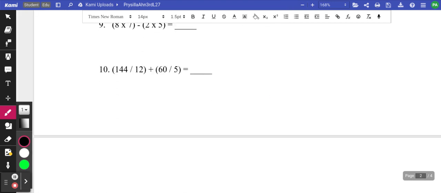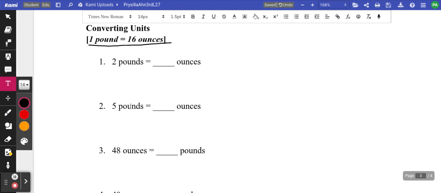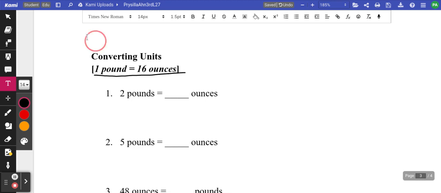Moving on. We're going to be converting units, so we're only going to be focusing on pounds and ounces. But yeah, so let's try the first one. So once again, a reminder. When you're going from big to small, you're going to be multiplying, because there are a lot more small ones than big ones, right?